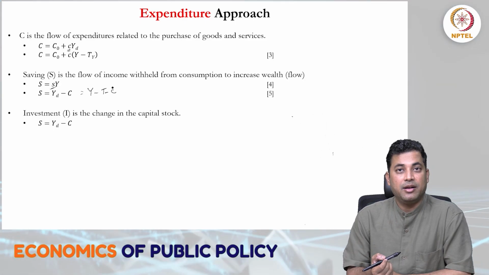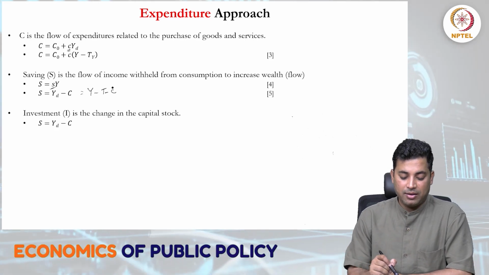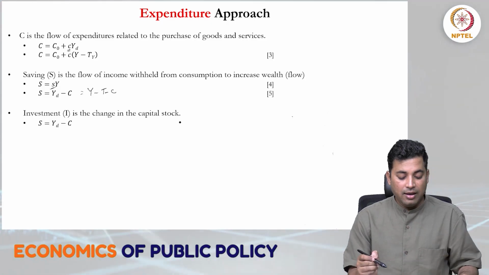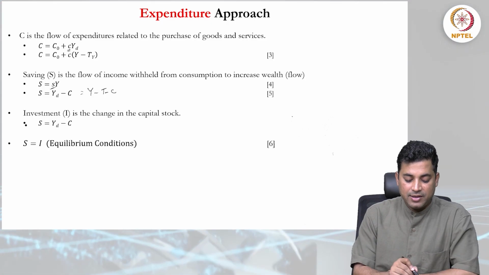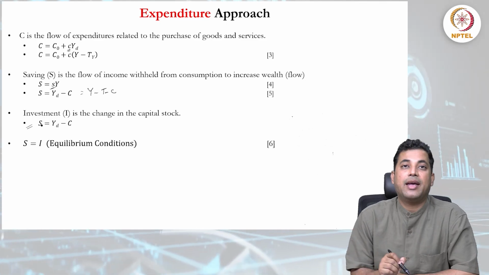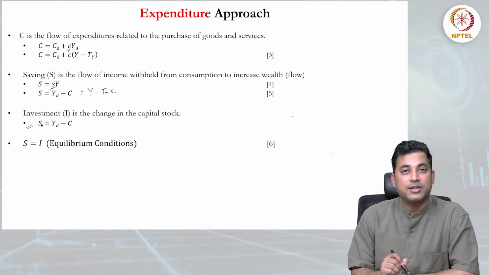If we consider investment expenditure, it is a change in the capital stock. From the savings function we got capital S equals disposable income minus consumption.